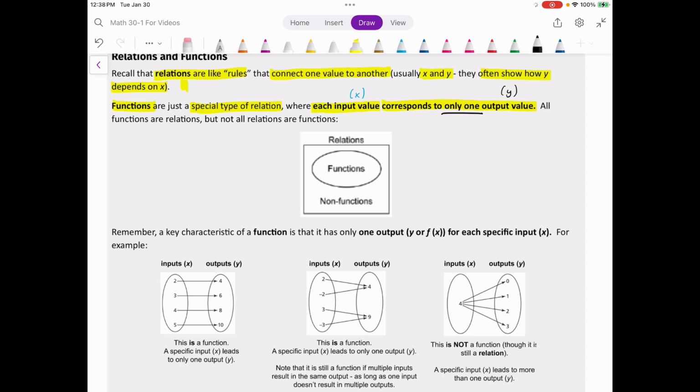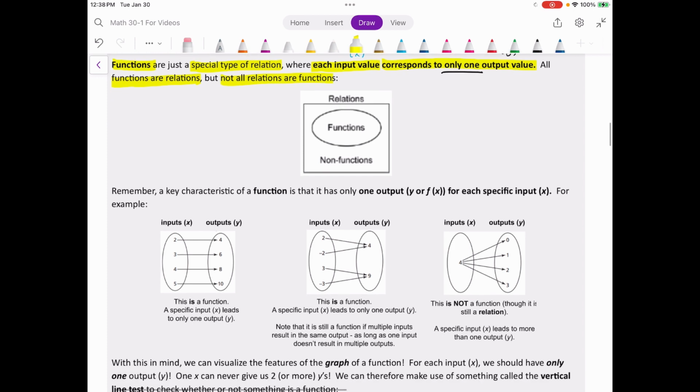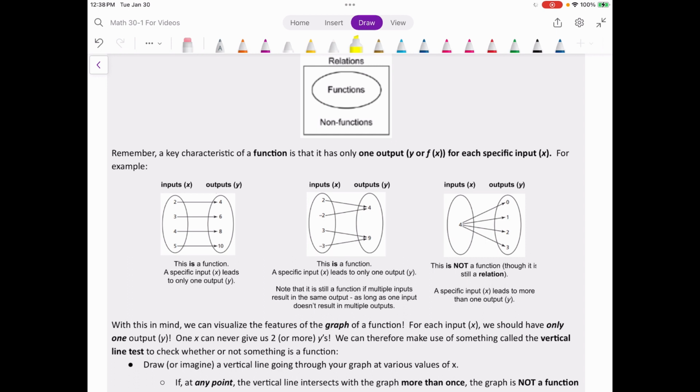We can't get two different y's from one x going in. So all functions are relations, but not all relations are functions. The key characteristic of a function is that it has only one output, one y, one f of x value for each specific input, the x's that we're actually going to put in.